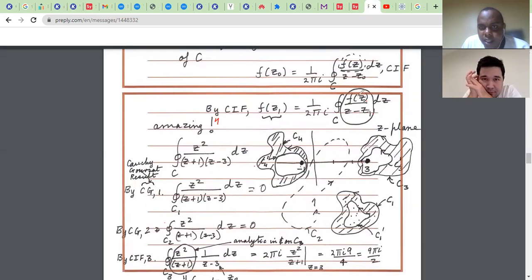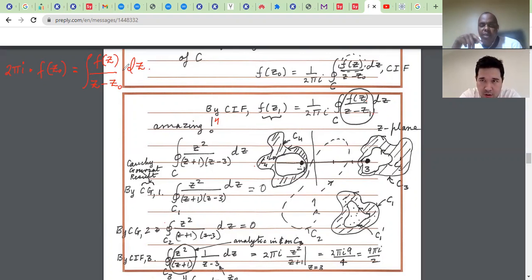You see, the formula says that 2 pi i multiplied by f(z0), let me just call it z0, is going to be the integral of f(z) divided by z minus z0 dz.